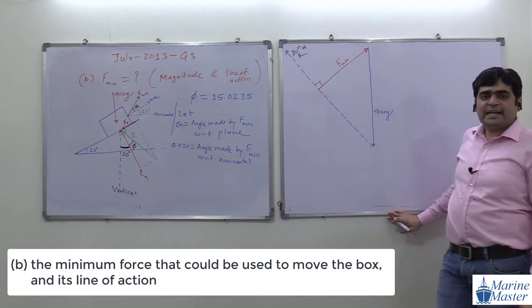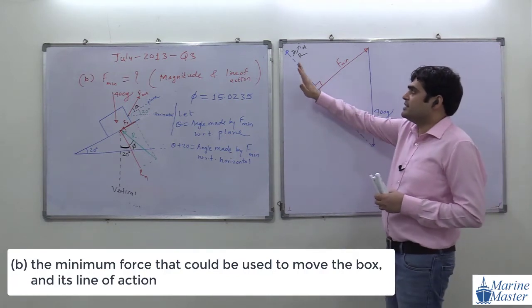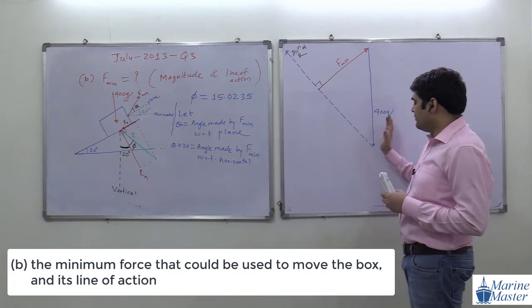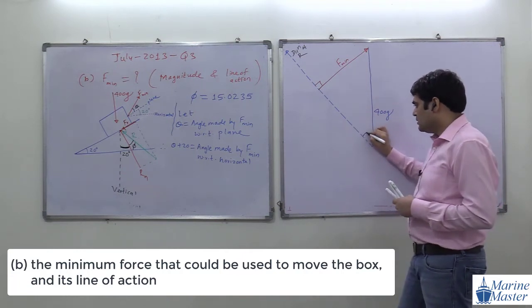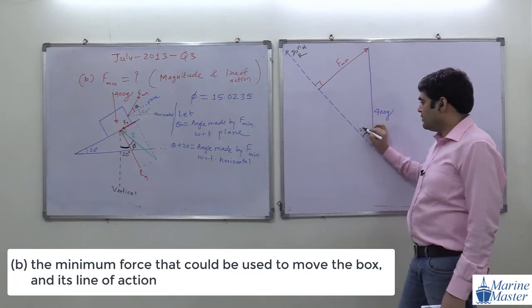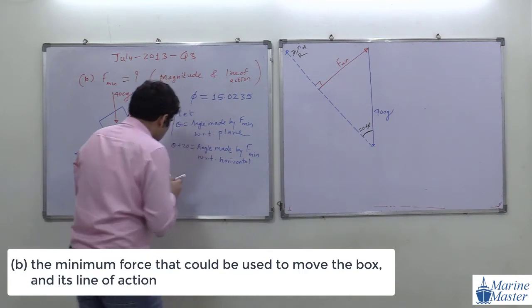Now which angle am I missing? What is the angle between R and vertical? Means this angle. What will be this angle, guys? 20 plus phi. See the scenario here. I am drawing one more drawing.